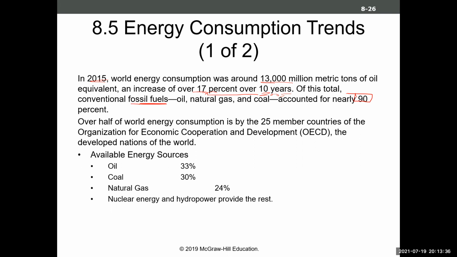Now, half of the world's energy consumption is by the 25 countries that are part of the Organization for Economic Cooperation and Development, or OECD. Out of those energy resources, oil makes up about 33%, coal's about 30%, natural gas is about 24%, and then the rest is by nuclear energy, hydropower, and then alternative energy sources are lower than that.